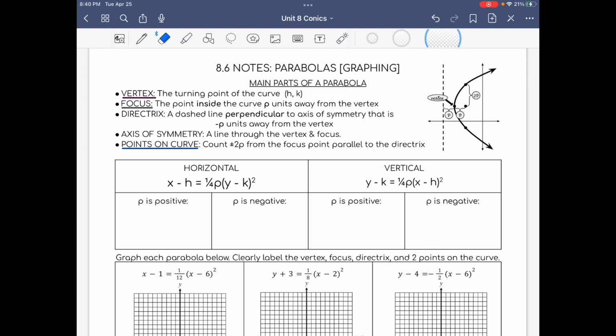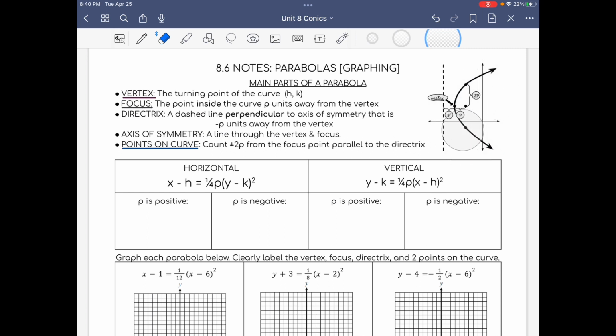Now, the axis of symmetry goes through the vertex and the focus like this. And it just means that if you flipped this half of the graph, you would get exactly this half of the graph. It's just trying to show that parabolas are indeed symmetrical. We are not going to actually draw it on ours.